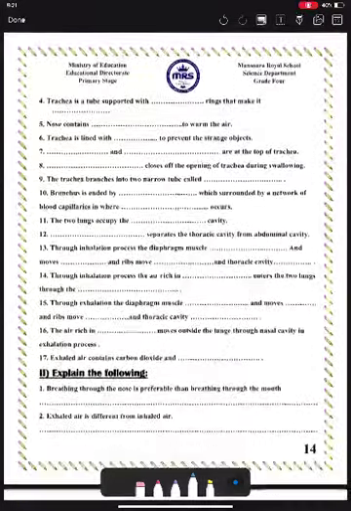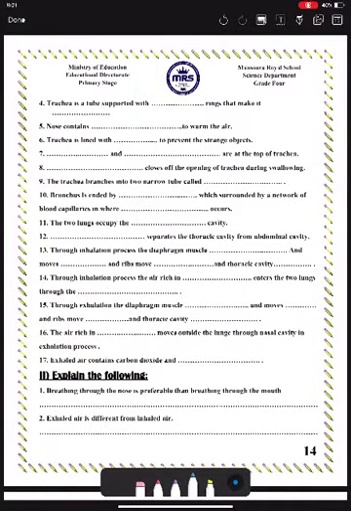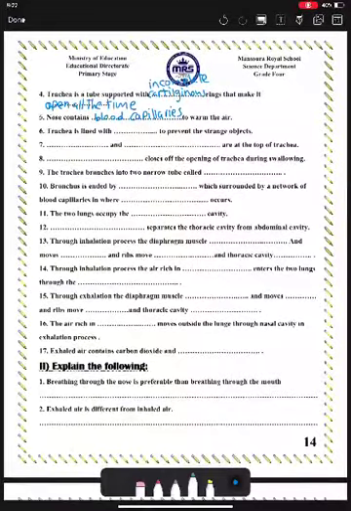Number 4, trachea is a tube supported with incomplete cartilaginous rings that make it open all the time. Nose contains blood capillaries to warm the air. Trachea is lined with cilia to prevent strange objects.